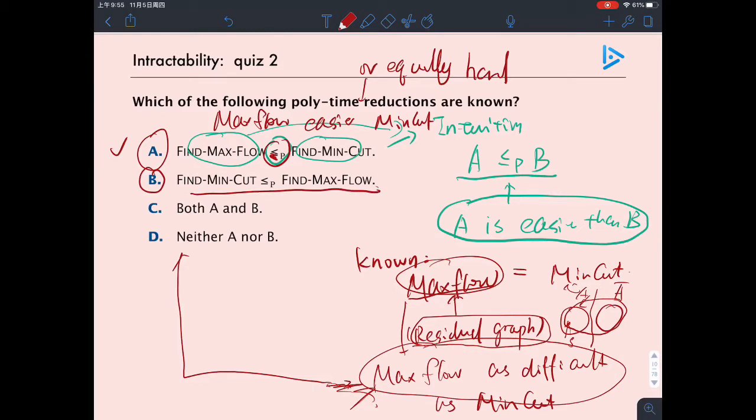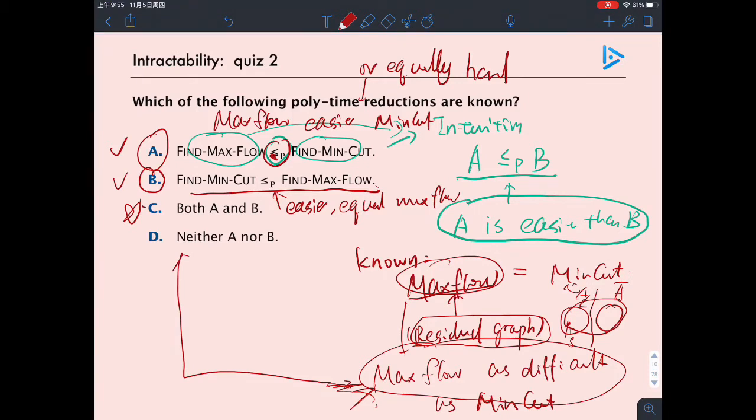And for the same reason, it's also true that min cut is easier or equal to max flow. So both A and B are correct, and that's the reason we need to choose C. That's how we intuitively interpret the meaning of these statements.